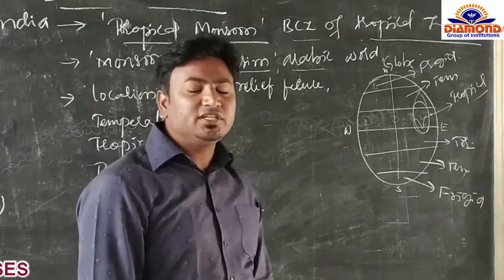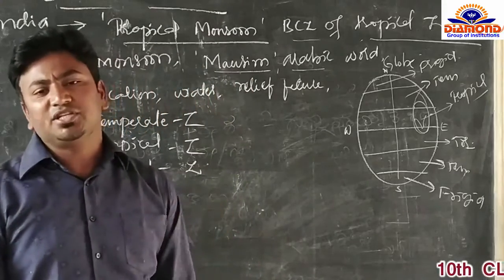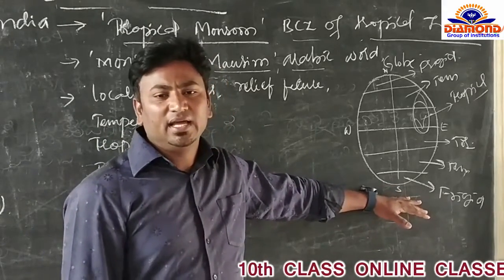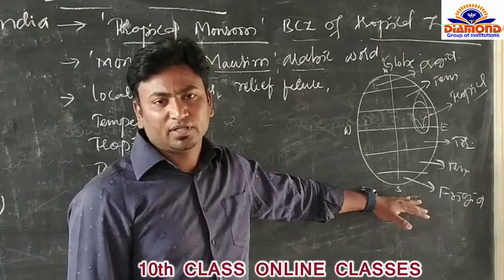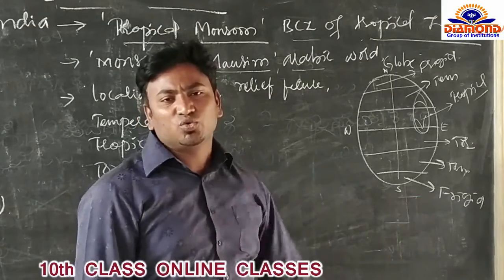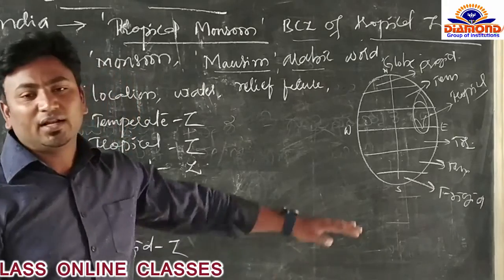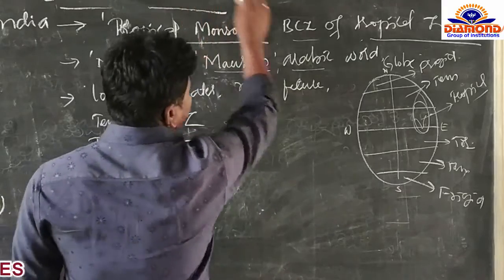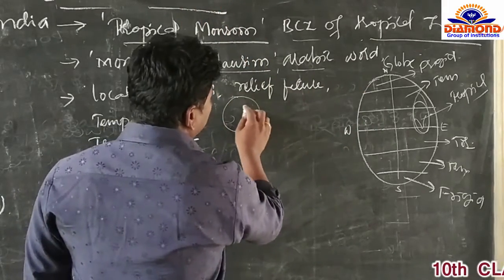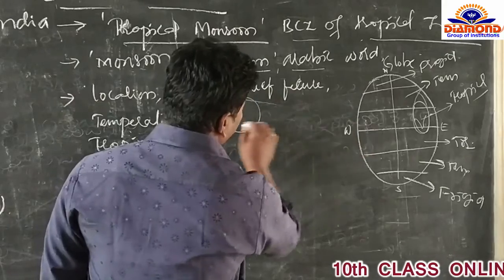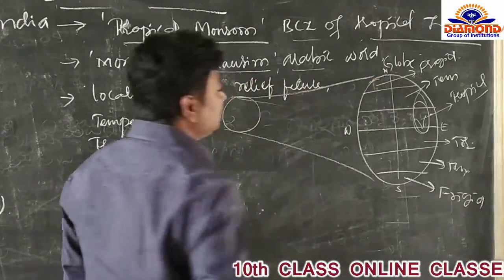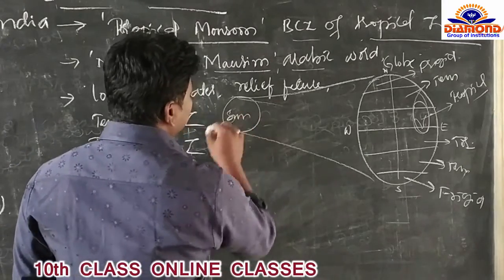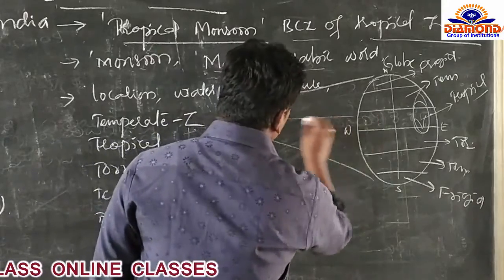The temperature is very cold, which is why there are icebergs, and in Antarctica no man has a suitable place to live. This zone does not receive the rays of the sun directly, whereas in the torrid zone we see the vertical rays.